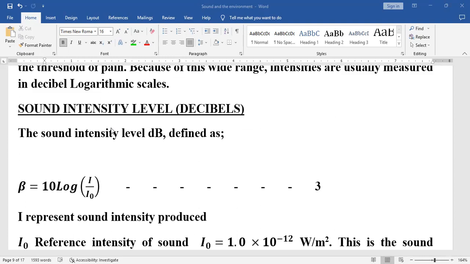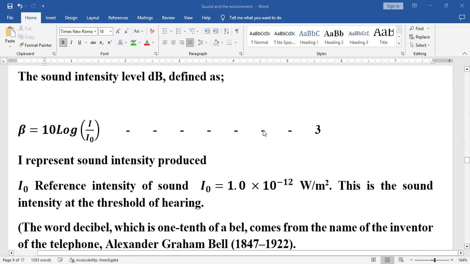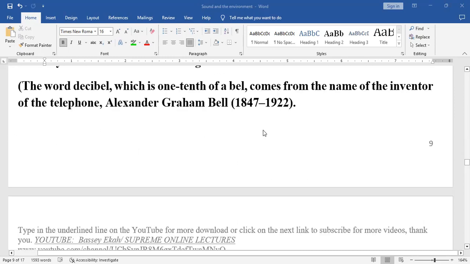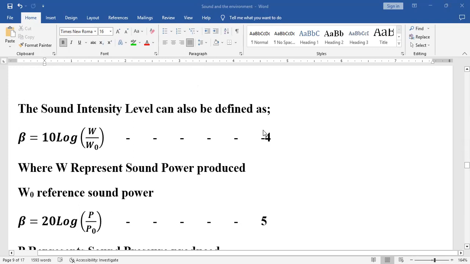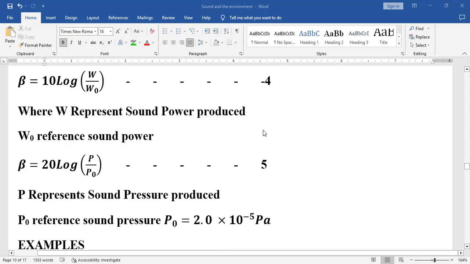It is defined in just three ways. The first is represented in equation 3 here. The second is represented in equation 4, and the third is represented in equation 5.